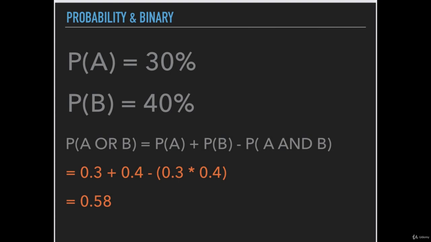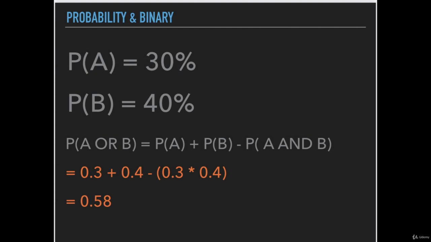If that's the case, then I can just add 30% to 40%, which is 70%. But I also have to subtract P(A and B) happening at the same time. And remember, we just multiply those things together in order to calculate P(A and B).